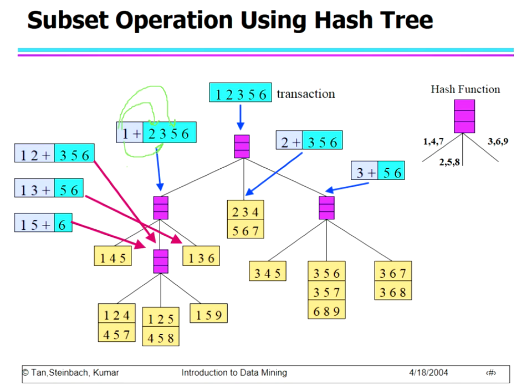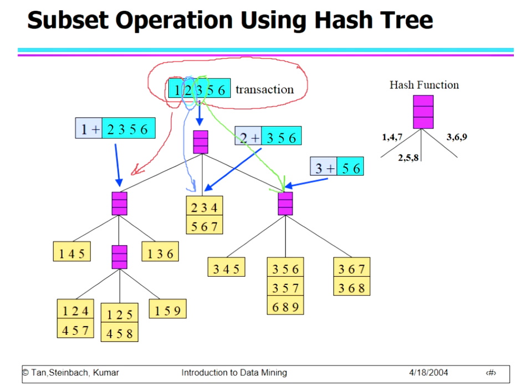No, it is not clear. So here we have 1 plus, 2 plus, 3 plus. It is clear in this level. This level is clear for you, Ahmad?